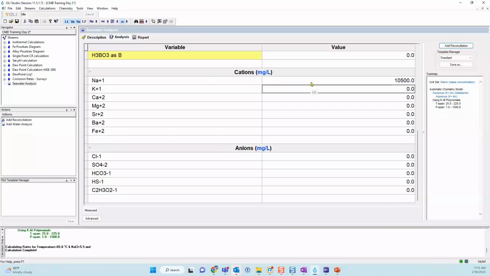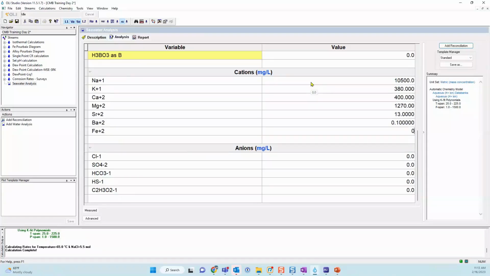For potassium it is 380. For calcium it is 400. For magnesium it is 1,270. For strontium, 13. Barium, 0.1.